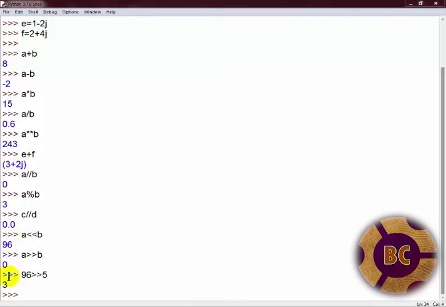Now let's talk about comparison operations. I think comparison is very easy. Comparison operations are equal to, not equal to, greater than, less than, and so on.